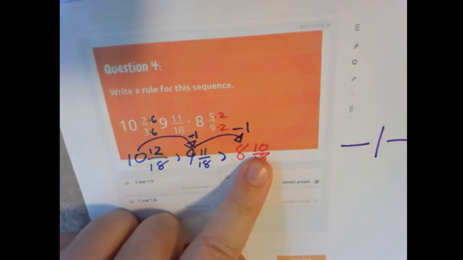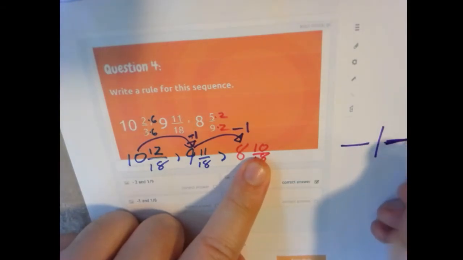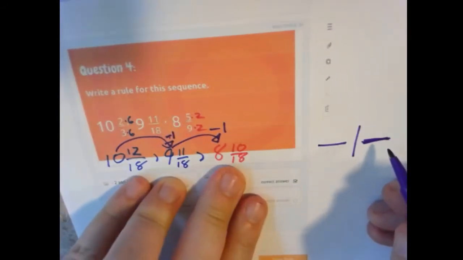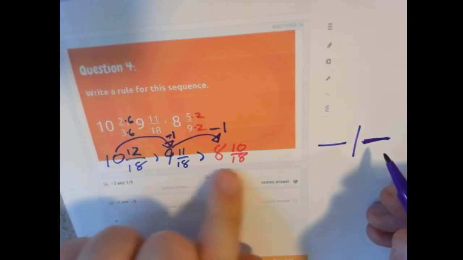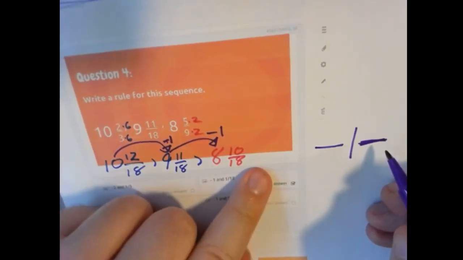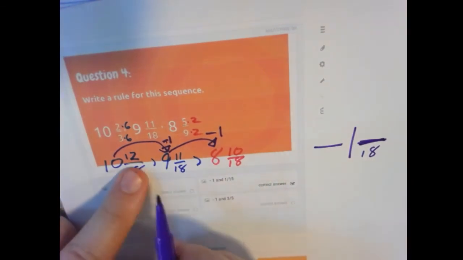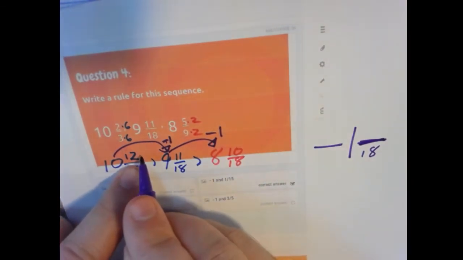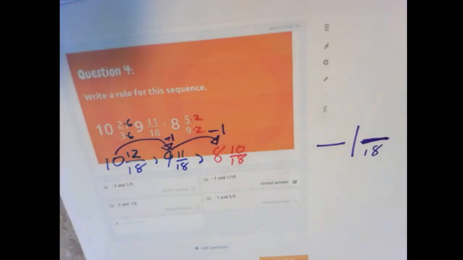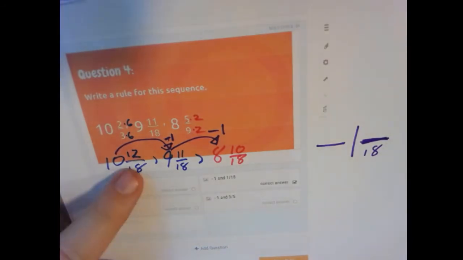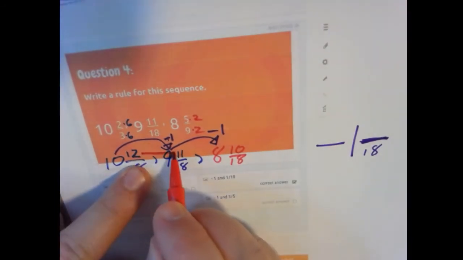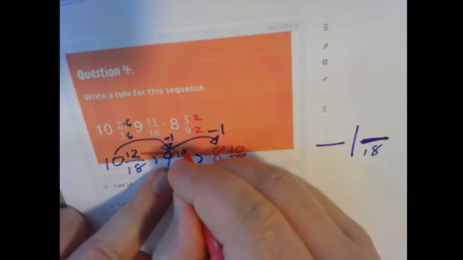Let's figure out what that is. We'll do a fraction bar. Okay, the fraction is changing. It's changing by 18ths, right? And how much is it changing each time? So from 12 to 11, that's minus 1/18th, right?